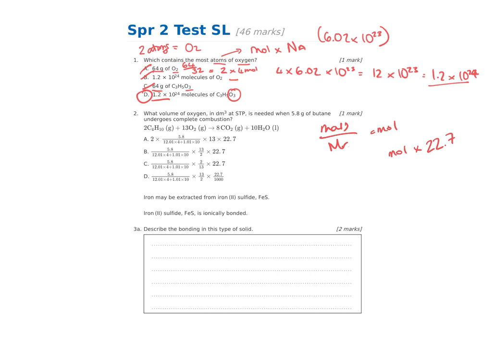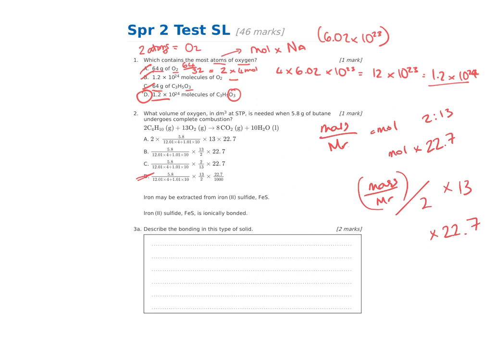And then you need to do a molar ratio, so volume of oxygen. At this stage, it's going to be a 2 to 13 ratio. So it's going to be your moles divided by 2. So it's going to be your mass over Mr. And then you're basically going to divide that by 2, times that by 13, and then times that by 22.7. So straight away I can see D is wrong.